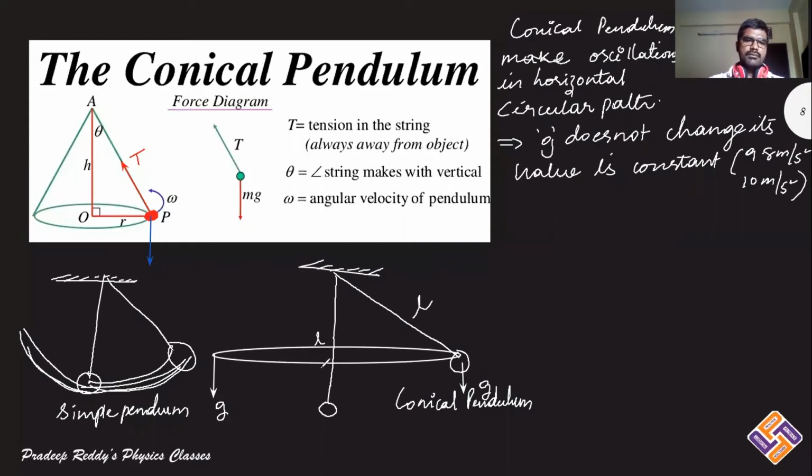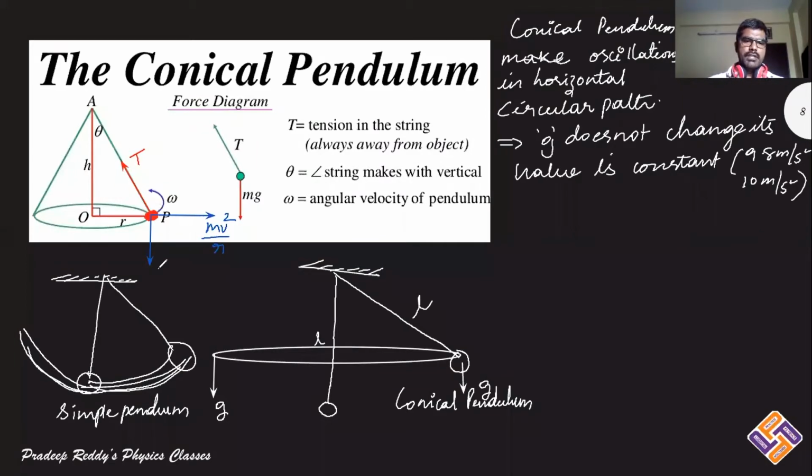And there is another force which acts outward from the center of the circle, that is the centrifugal force, which pulls this mass in the outward direction. The centrifugal force magnitude is mv square by r, and the centripetal force is balanced with the centrifugal force.